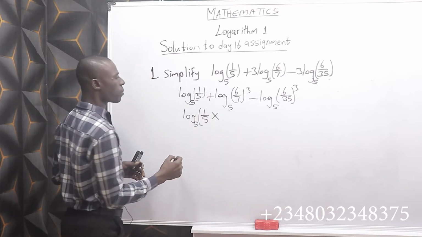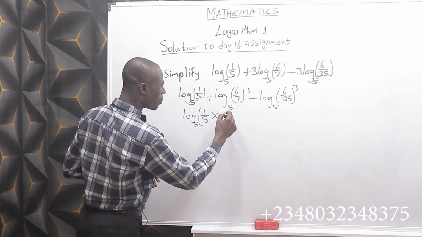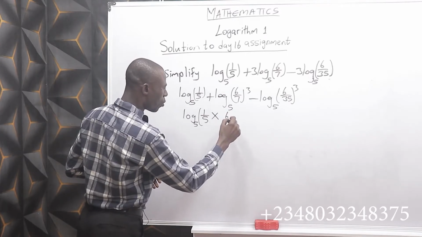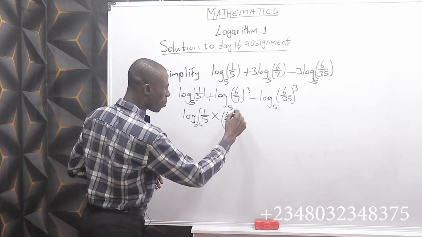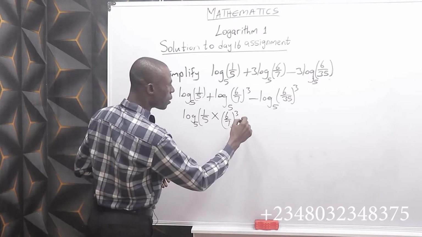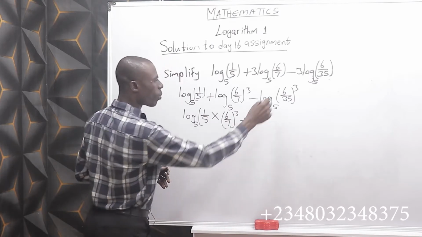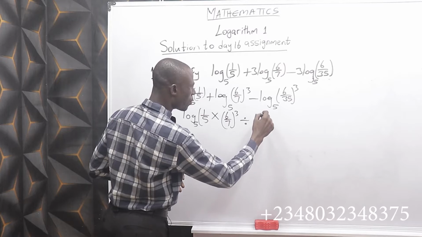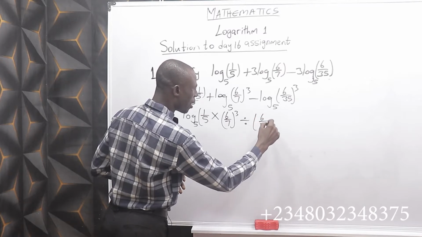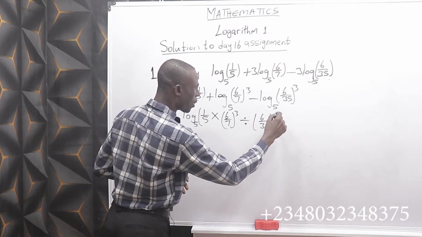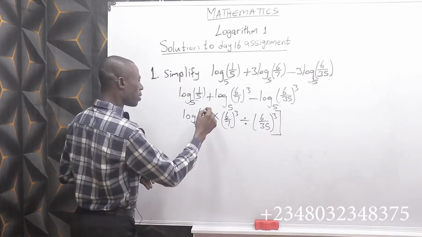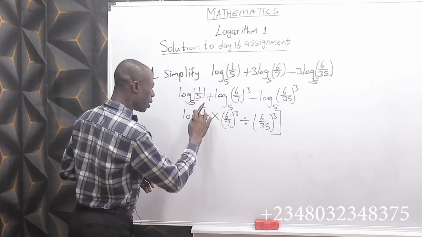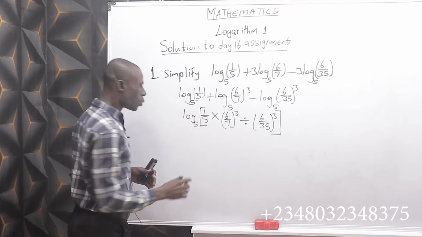Put the base. Here, we have 6 over 7 raised to power 3 divided by 6 over 35 raised to power 3, everything in one large bracket.